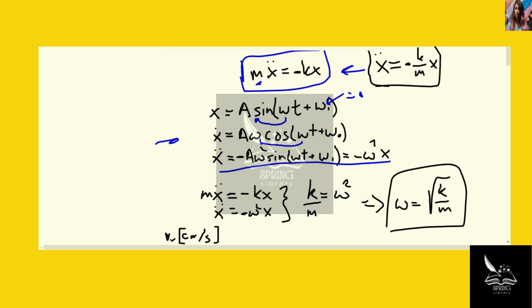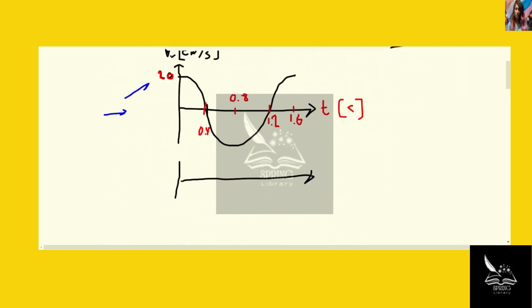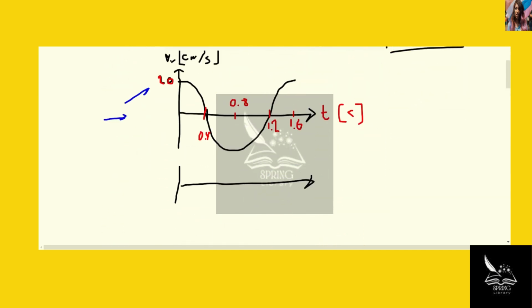And if we would now plot x, which I show just below it, it will look something like this. We don't know the amplitude, but it should have the same period. So it should look something like this, okay?